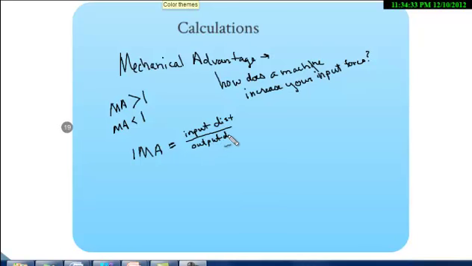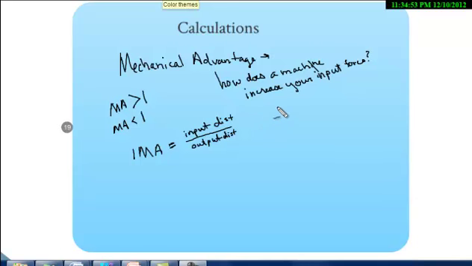Now, ideal mechanical advantage is basically what would a machine do if it was the ideal machine in an ideal world with no friction, no energy lost as thermal energy whatsoever, if it was 100% efficient. And so with levers, we calculate that with input distance over output distance.